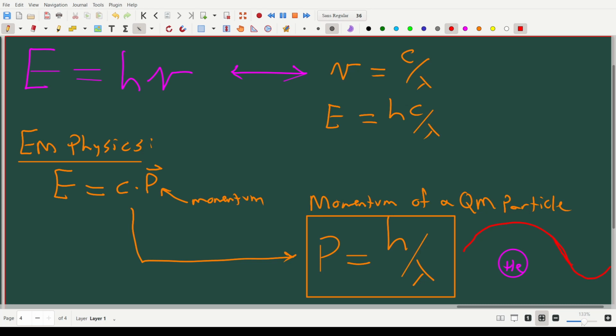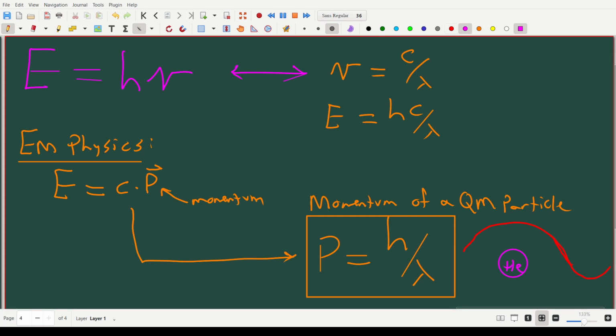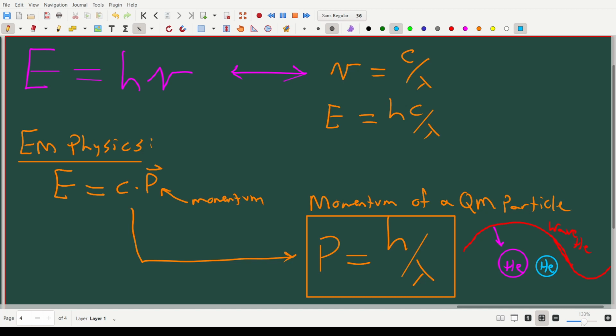This is why it has that phase transition, because it gets to the point where the distance between two helium atoms is small enough that the wavelength of one atom is larger than the distance between the two helium atoms. So if you think of this as the wave for one helium atom, for this helium atom in particular, and I put another helium atom in here, this is the average distance between two heliums in liquid helium, but the wavelength of one particle extends past the other one.